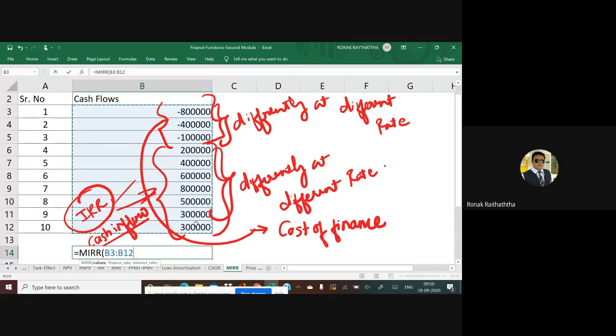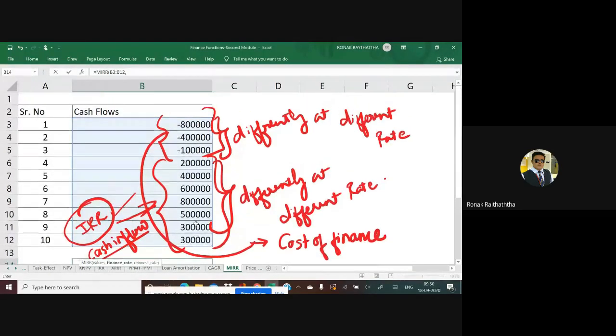Okay, so all the values once selected, I'm pressing comma. What is the second parameter in this syntax? Who will tell me? My question is to all. That should be visible to you in your Excel file if you have opened any. And if you haven't opened the Excel file, it is the finance rate. So cost of finance is the finance rate, right?